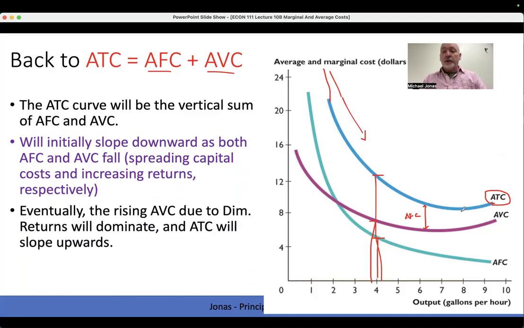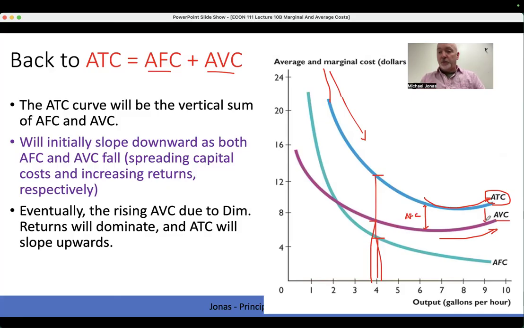And only when the impact of diminishing returns that is pushing the average variable cost up kicks in are we going to see average total costs start to rise. So we're going to see another kind of vaguely U-shaped function sitting up above average variable cost.